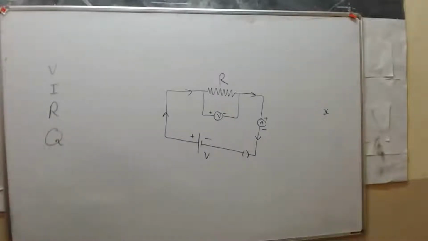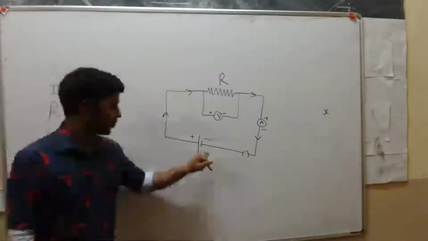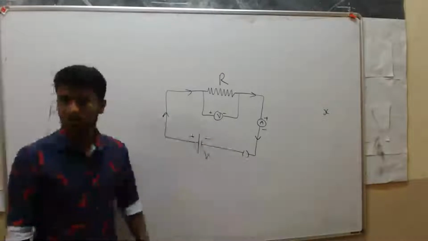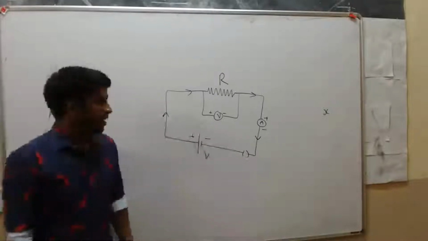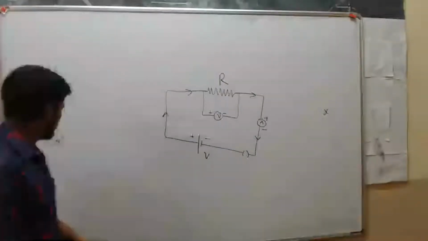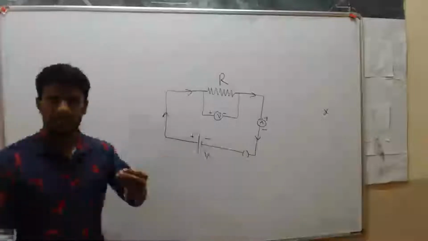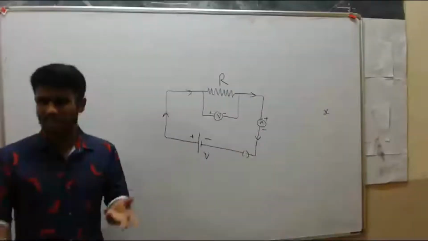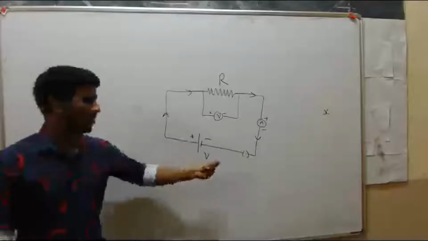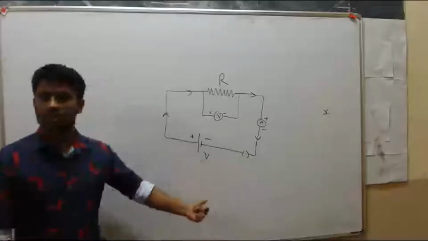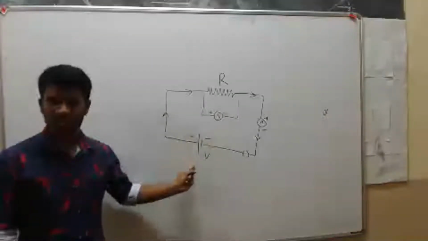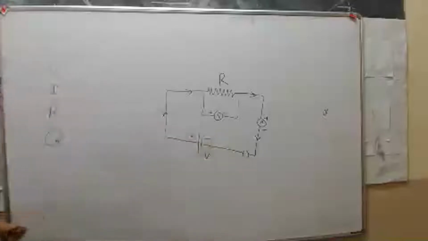I am sending some electrons, and they will flow from the negative side to the positive side in a given time t. Time is very small, I don't know it, but I will take that time as t.